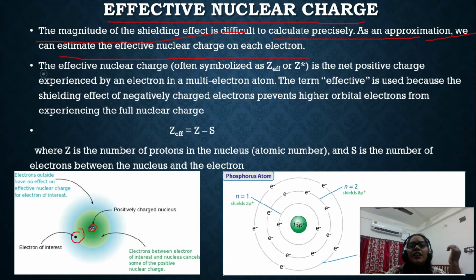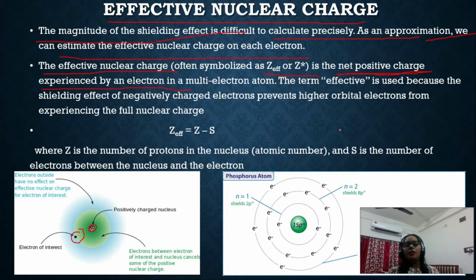The effective nuclear charge, generally indicated by Z effective, is the net positive charge experienced by an electron. Why net positive charge?